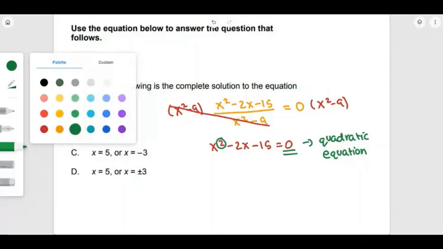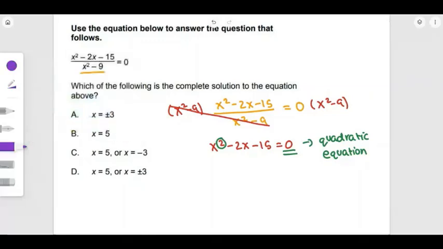So, in order to do that, we need to find two factors that multiply to give us a product of negative 15, and the same two numbers will give us negative 2 when we add them. Now the factor pairs of negative 15 are 3 and negative 5, or negative 3 and 5.